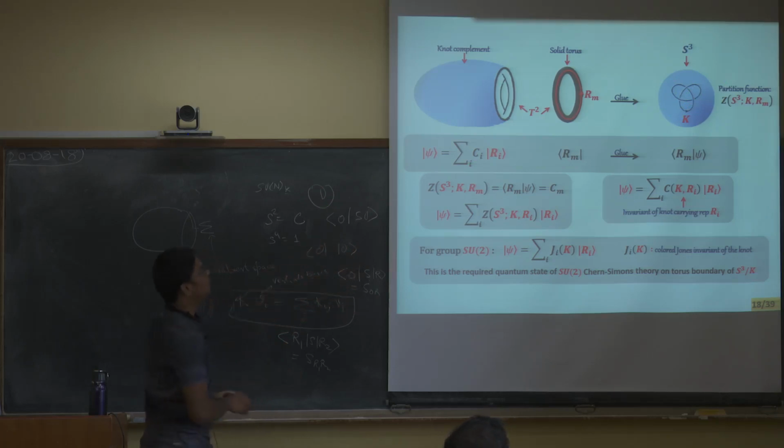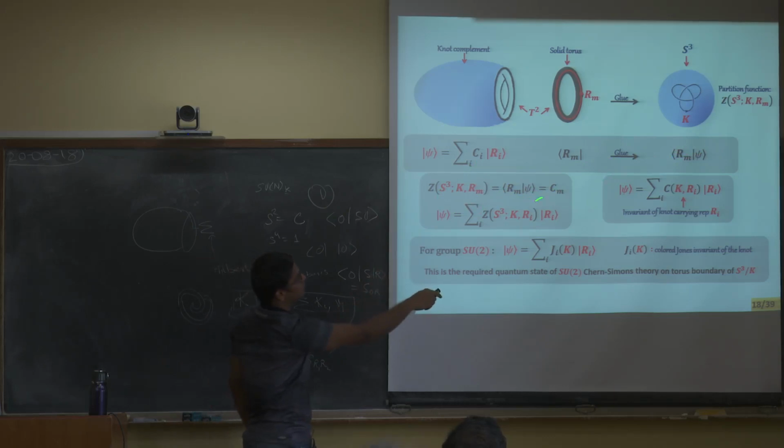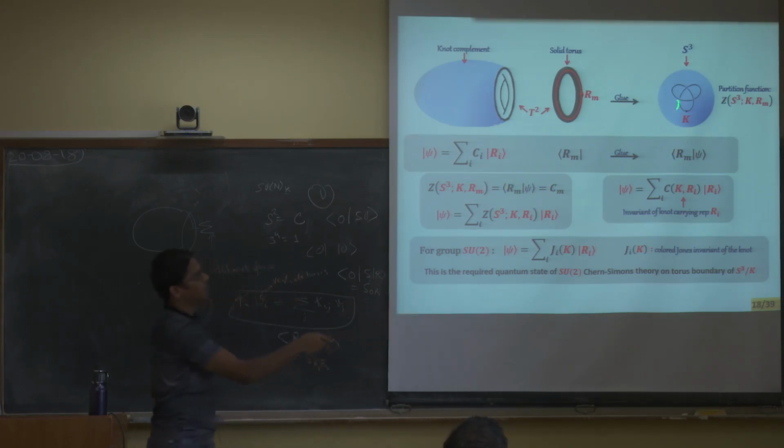So this is the state on the boundary of this manifold, and on the boundary of this manifold we have this state. When we glue them together, we can take the inner product, and using this inner product we can fix the coefficients. This coefficient is given by this inner product, and this inner product is nothing but the knot invariant of this knot K.